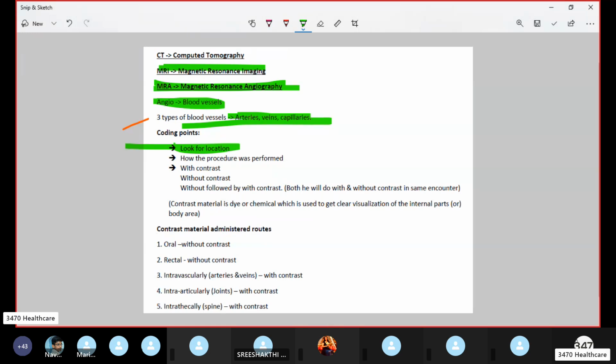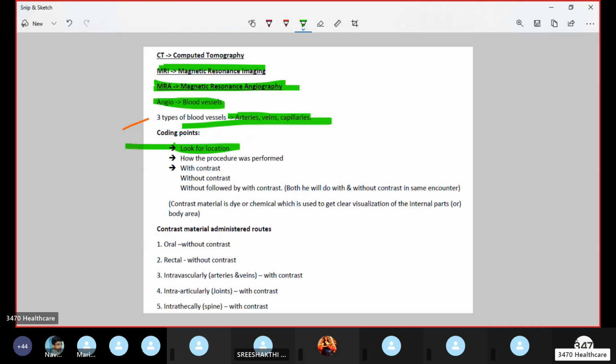If not using contrast, you will not get a clear picture; you will get dark pictures of the inside. So using the contrast material now, you will get a clear picture. So using that material now is with, not using now is without. Initially at 9 o'clock not used, but at 10 o'clock using now, it is without followed by with contrast.